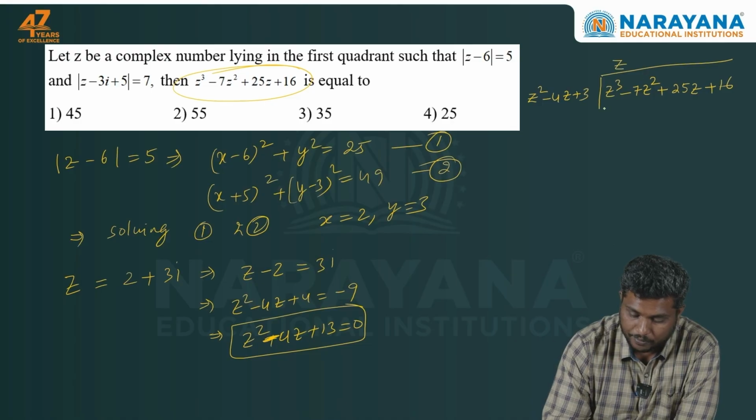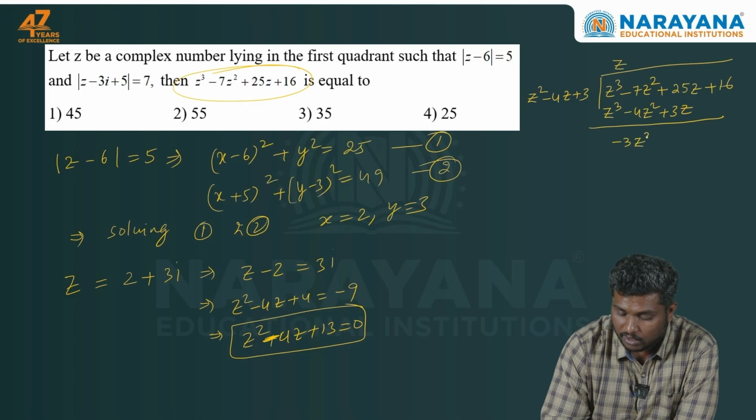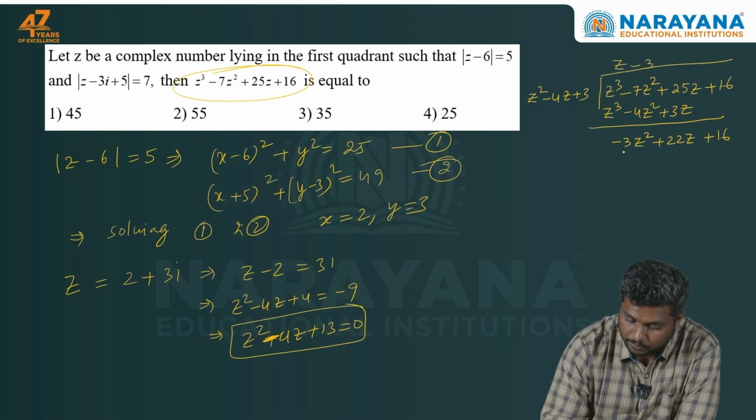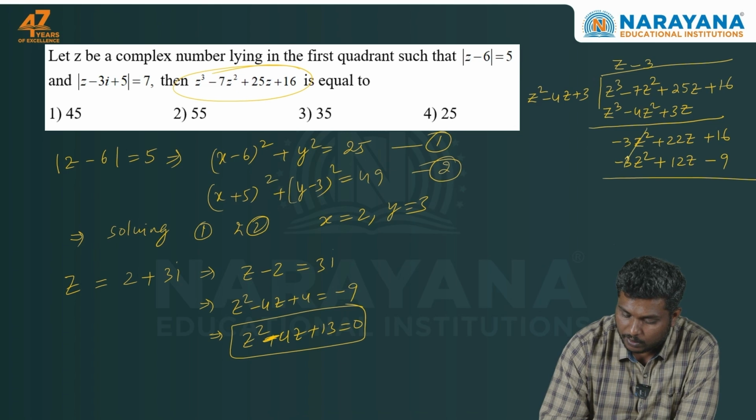So z cube minus 4z square plus 3z, whole divided by minus 3z square plus 22z plus 16. Once again, minus 3, minus 3z square plus 12z minus 9. So subtract these both, we are going to get 10z plus 25.